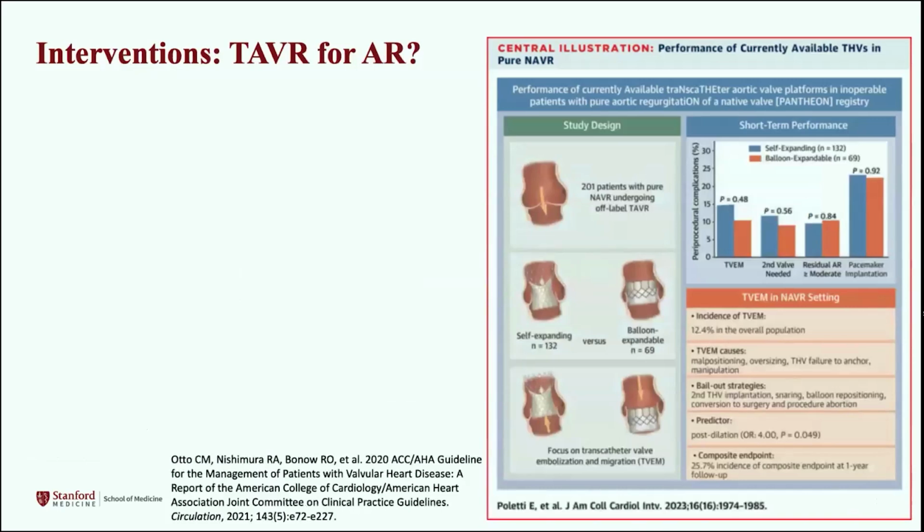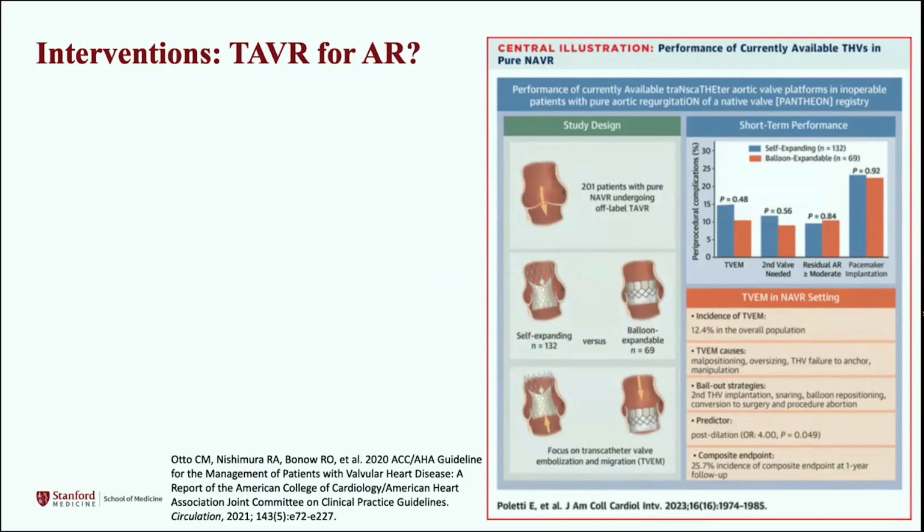So for all of our interventions in cardiology, we look at the tools that we have, and our excitement is predicated on what kind of non-invasive and invasive tools we have to intervene. And so if TAVR was a good option in aortic regurgitation, that would be great news for us.